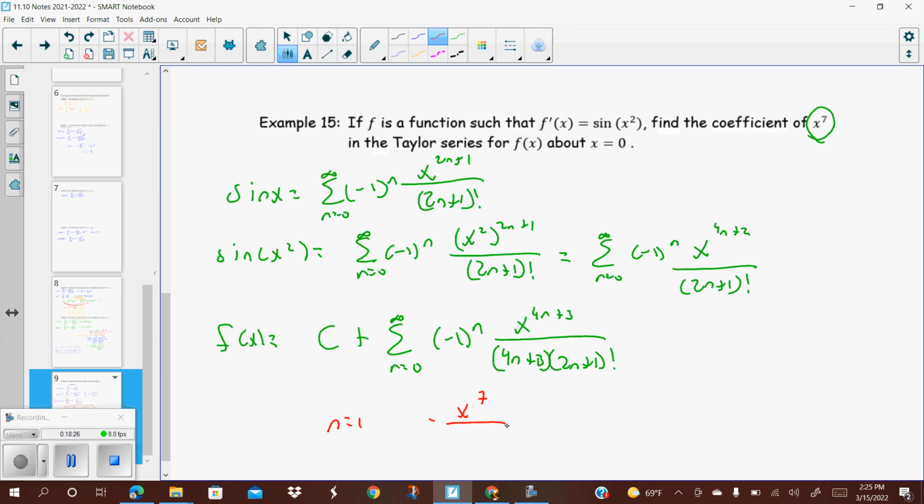In the denominator, 4 times 1 plus 3 is 7, times, plugging in a 1 to the factorial part gives me 3 factorial, which is 6. So ultimately what we get here is negative 1 over 42 x to the 7th, which means that c sub 7 is negative 1 over 42. And that's the answer that they were looking for.